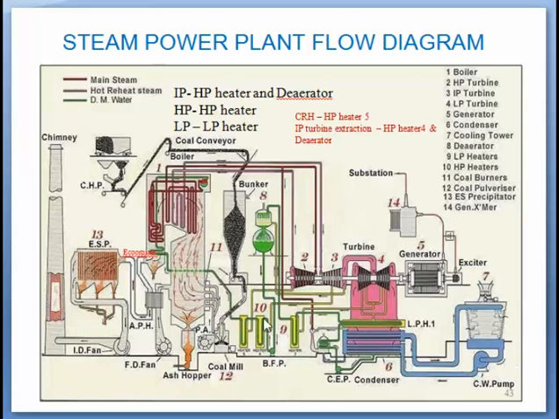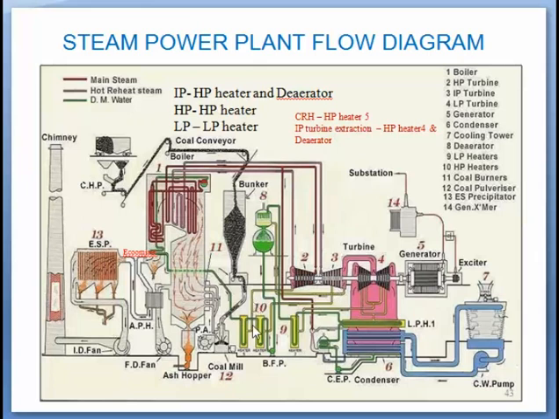and this feed water now goes through 2 HP heaters, HP heater number 5, HP heater number 6. In HP feed water heaters, the heat is transferred to the feed water by the bleed steam drawn from HP and IP.